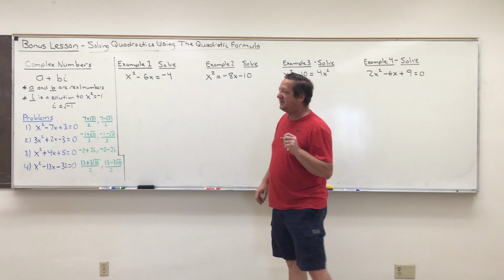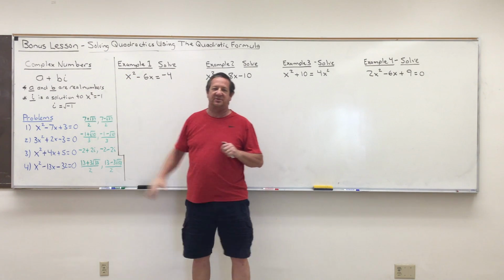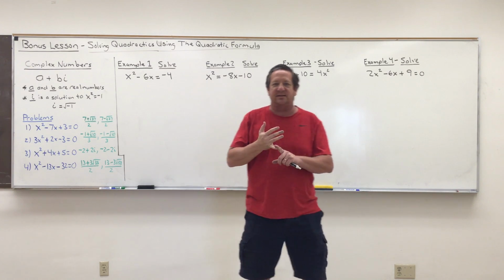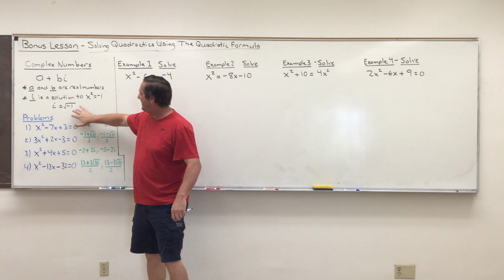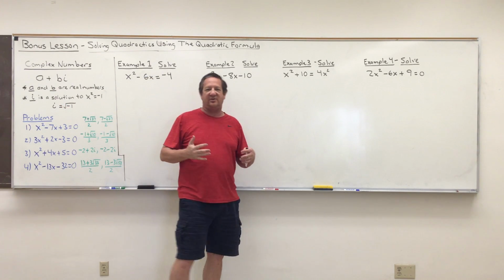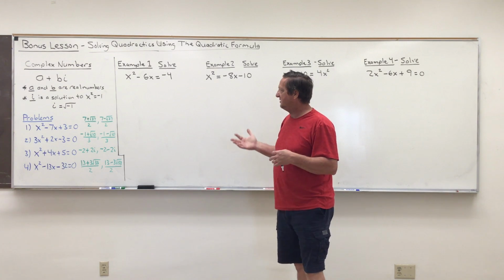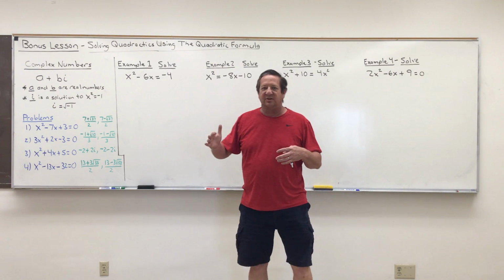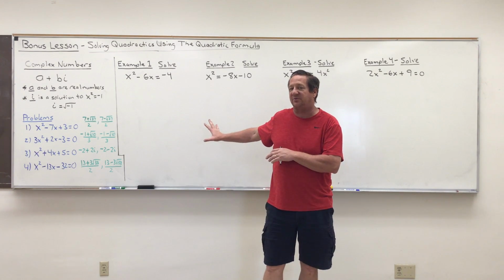Okay. The first thing I want to introduce you to is this idea of complex numbers. So, I had you practice solving radicals and learning that the square root of -1 is i, that we can't solve that. So next year, not only will you be working with imaginary solutions, but you're going to get this idea of a complex number. And you're going to see that in our answers today.